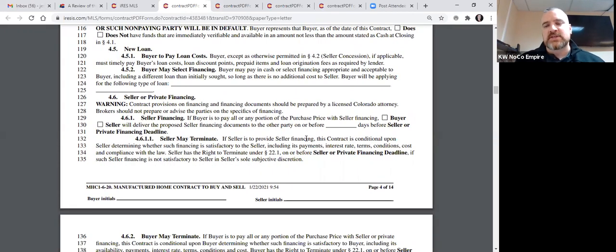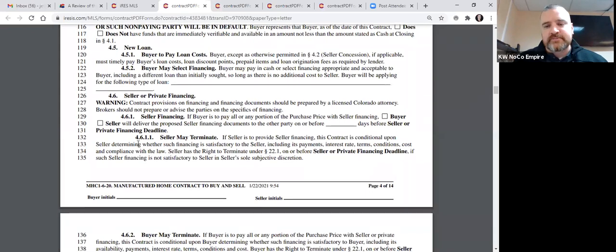If you actually read the text in here, all you're doing is checking a box that says which party is going to deliver the proposed seller financing documents to the other party, and they're going to do that how many days before that seller private financing deadline. Those are the only things that you need to know. Which party is going to be responsible for drafting those documents and transferring them to the other party, and how many days prior to that seller private financing deadline is that going to be?